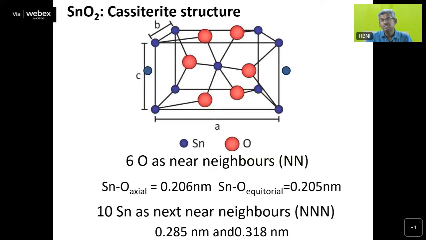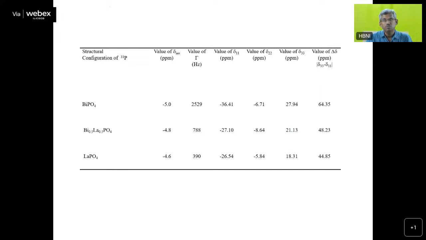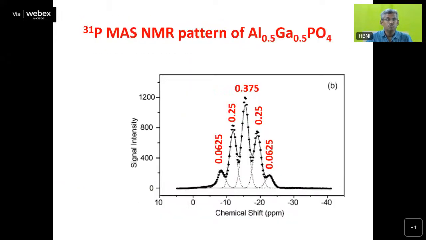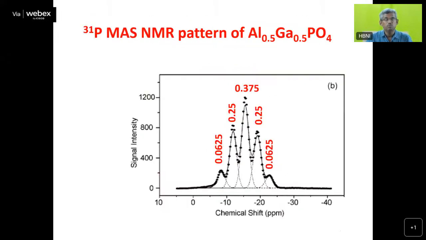So last class we discussed how to predict the NMR pattern. For example, how many structural units of phosphorus there are. It is possible to predict how many phosphorus are there with a fixed number of aluminium and a fixed number of gallium as near neighbors, and based on the binomial equation, you can calculate the different phosphorus structures.